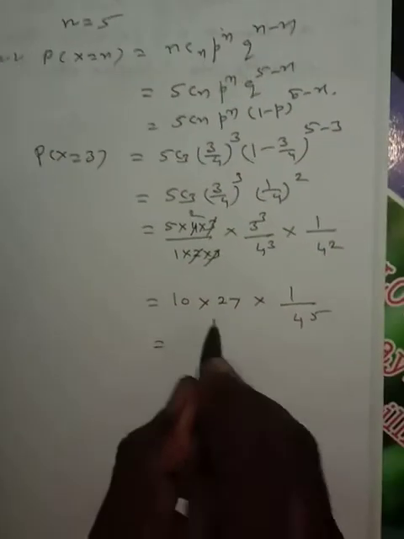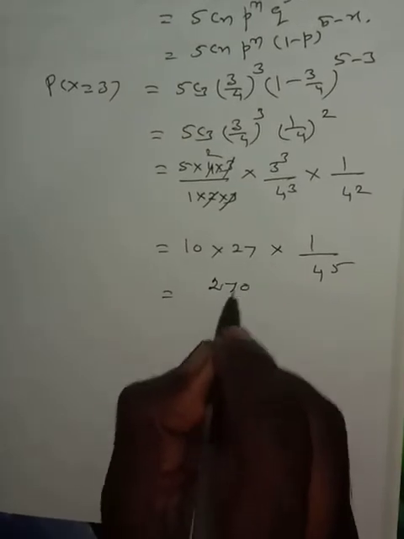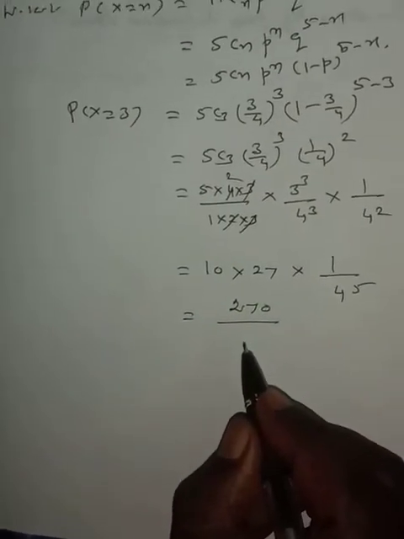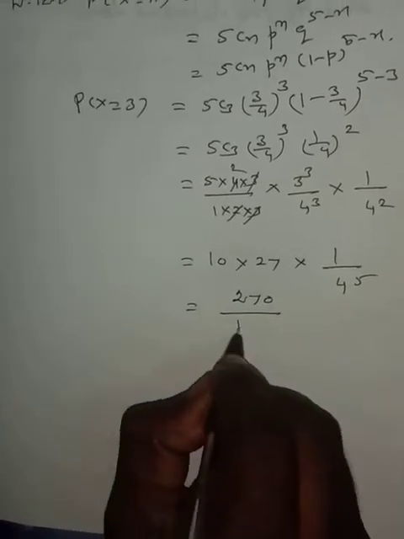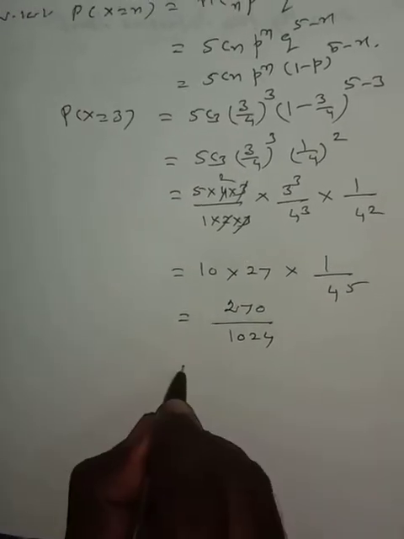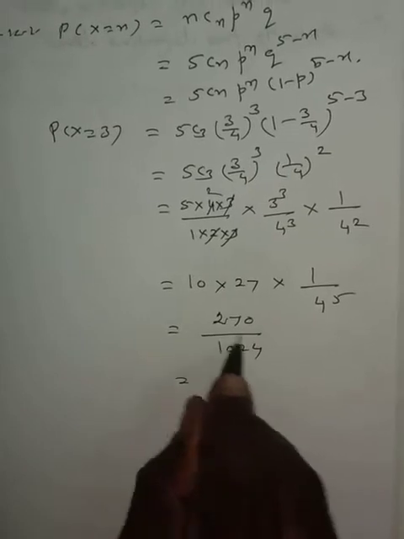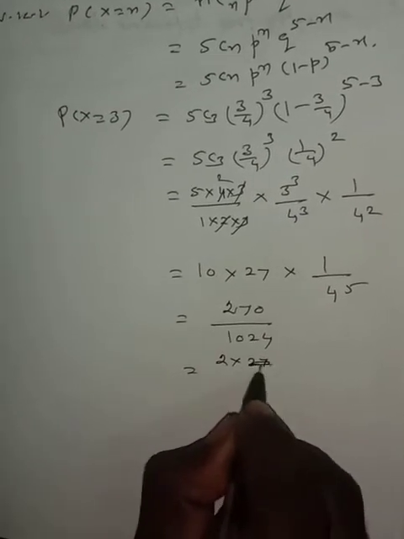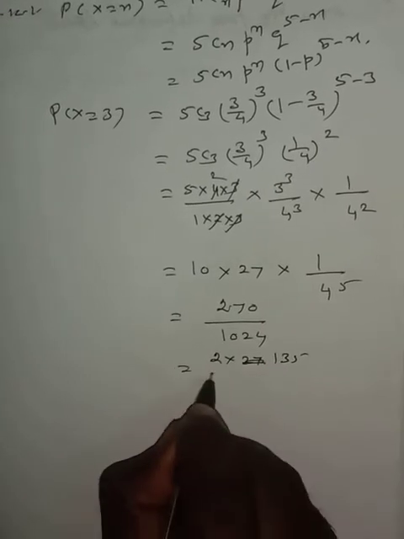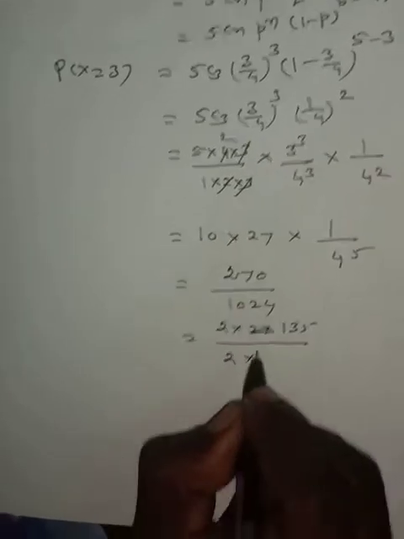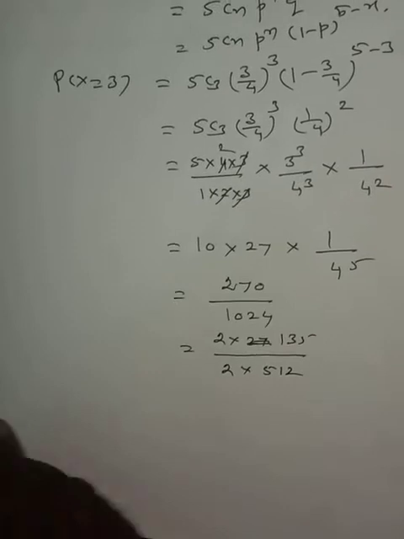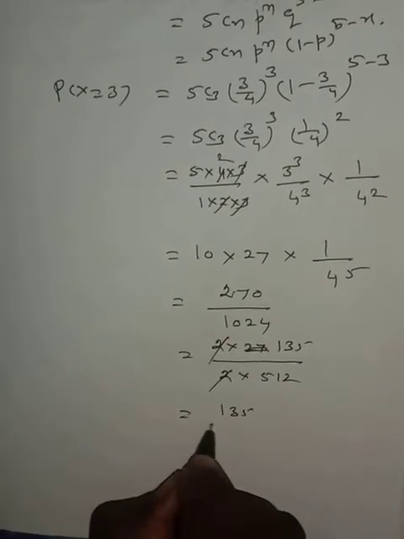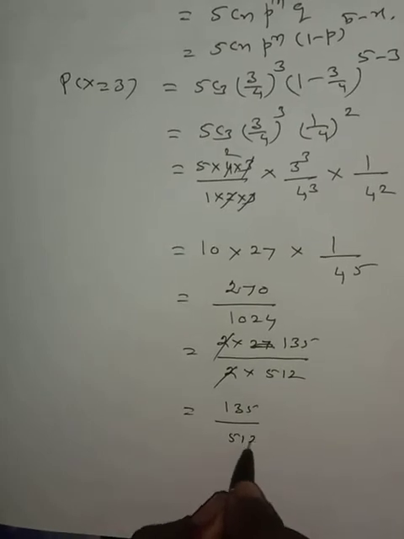Now 270 divided by 4 to the power of 5, which means 1024. Now 2 into 135 divided by 2 into 512, cancelling these two, we get 135 divided by 512.